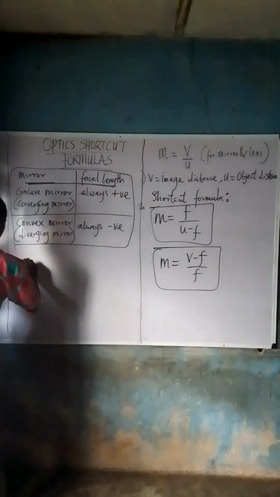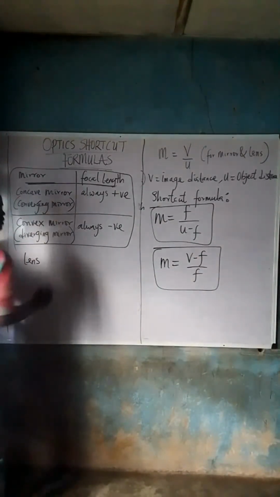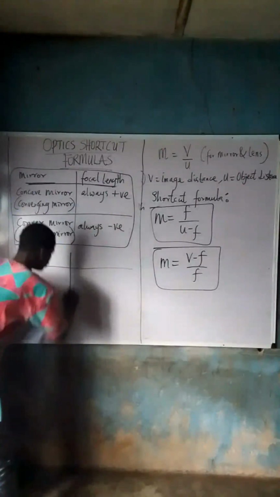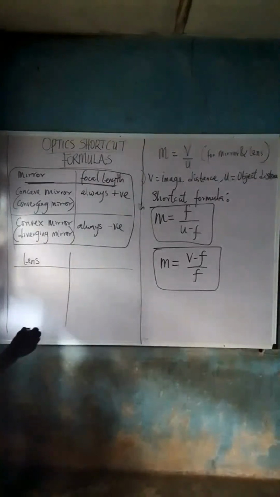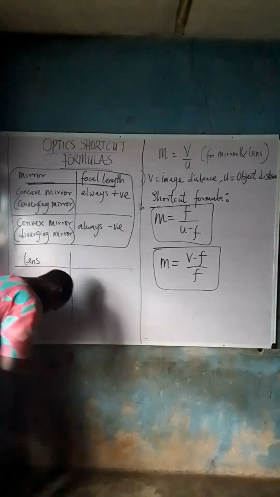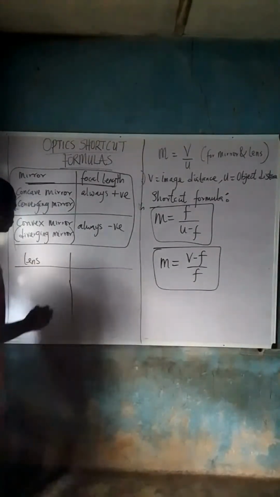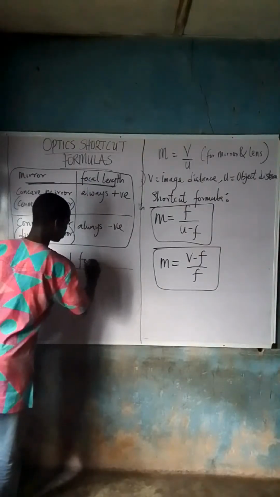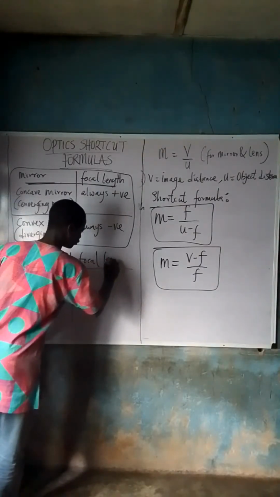Now let's go to lens. For lens, we'll do the same thing. Just draw, then you draw. Alright, let's make this straighter. For lens, we are looking for what the focal length will be like.